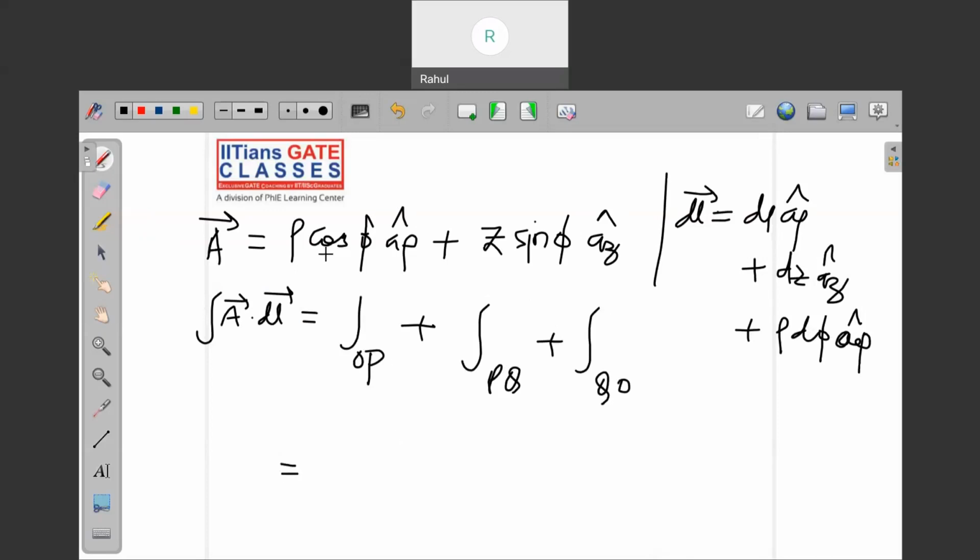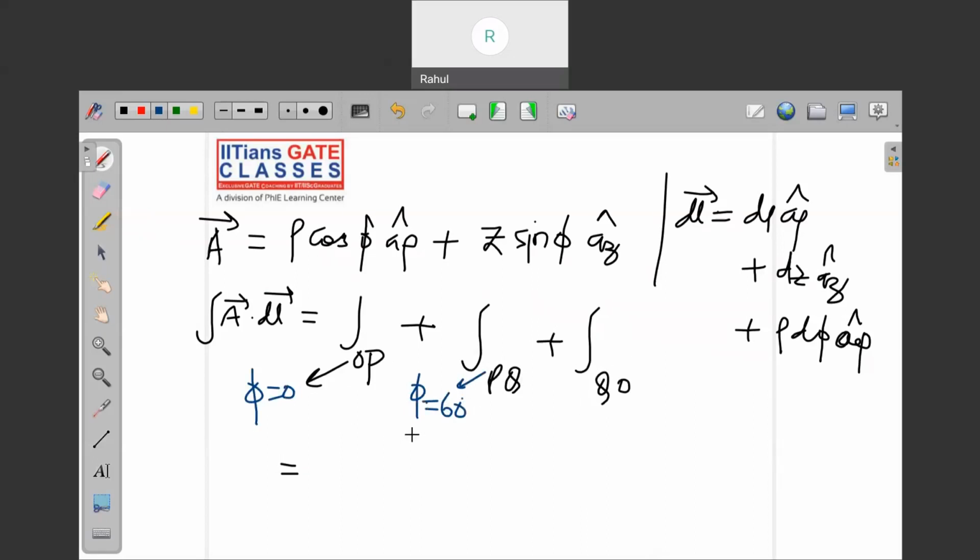When you are in O to P, the phi is going to be 0. When you are in P to Q, phi is going to be 60. And when you are in Q to O, again you can see the phi is going to be 60 only.